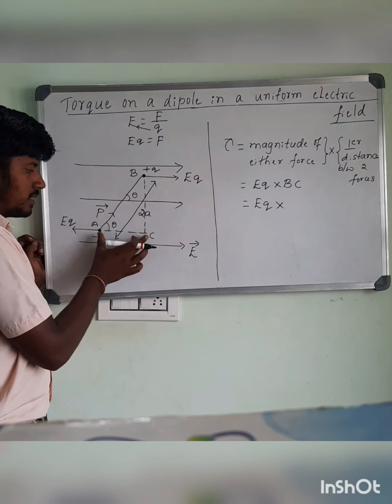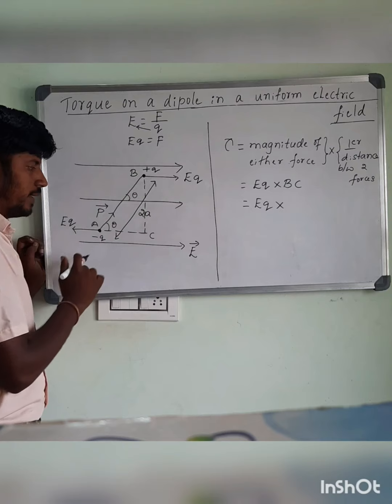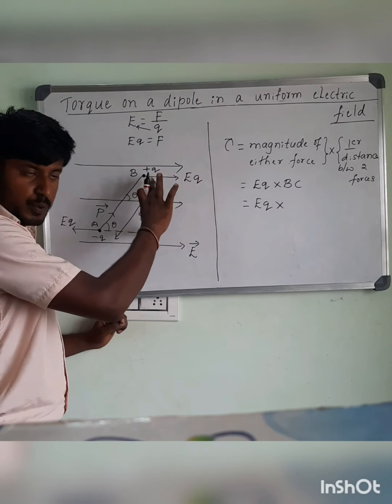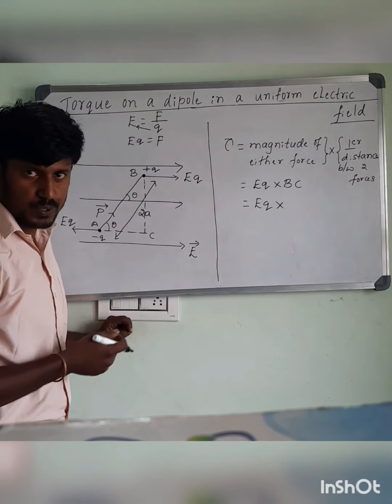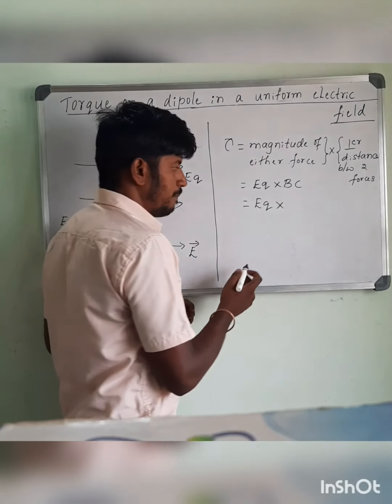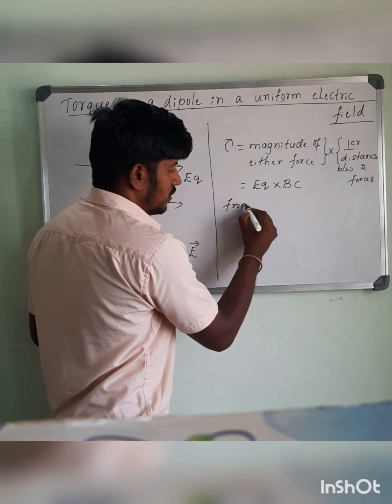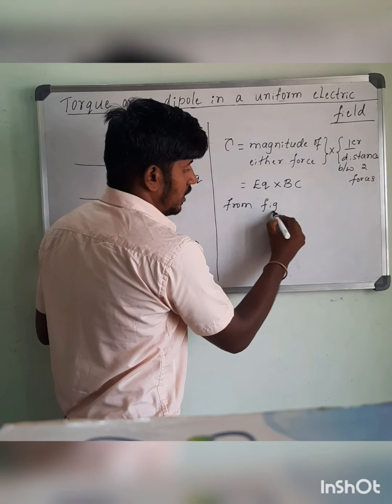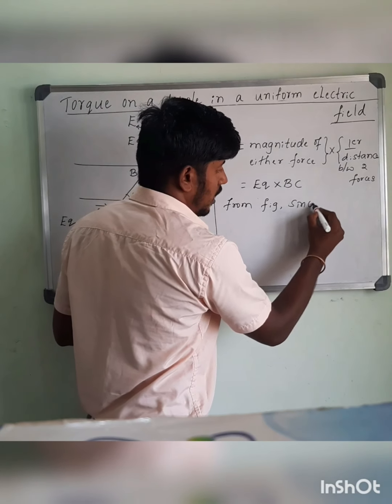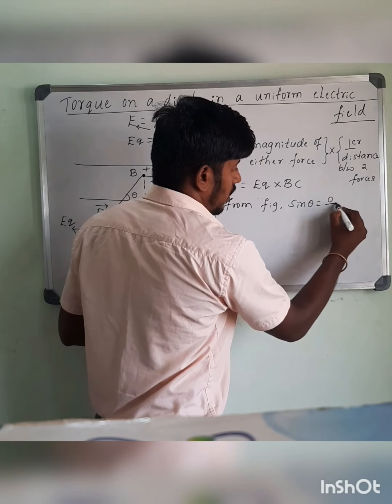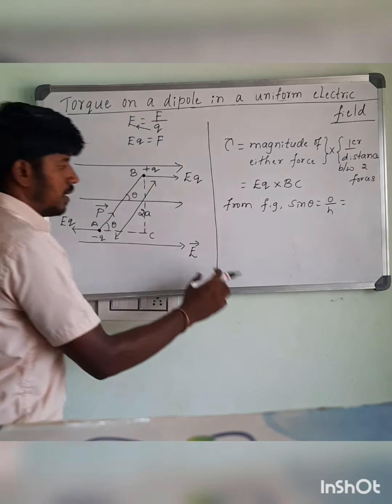So this is theta, meaning adjacent, opposite, hypotenuse. If here you want to find the BC value, that is the opposite side, therefore take sin theta. Therefore from the figure, sin theta is nothing but opposite by hypotenuse. And what is the opposite here?